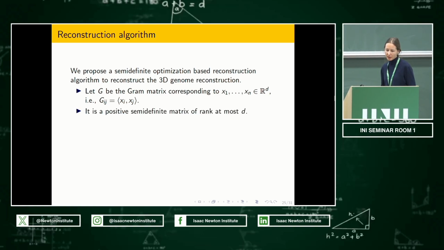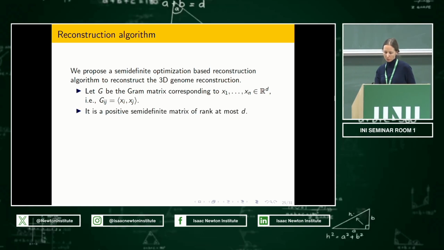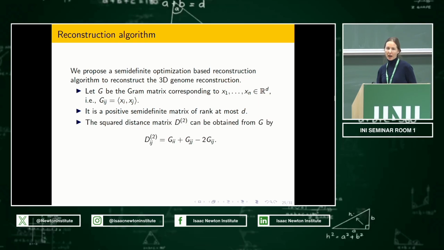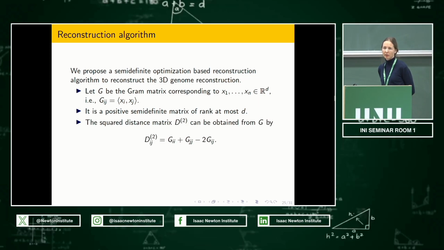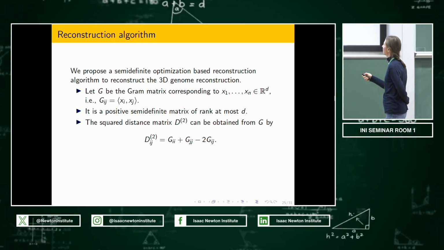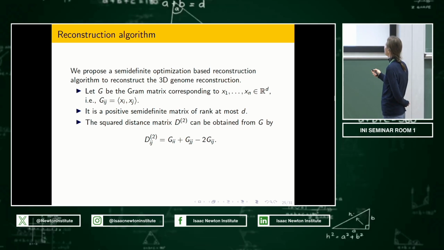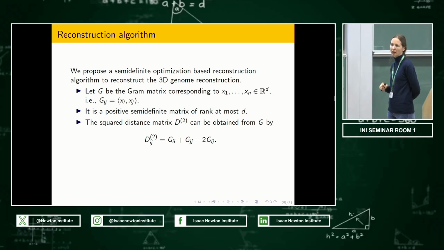It is a positive semi-definite matrix of rank at most d, and it is related to the squared distance matrix. So a squared distance matrix for the set of points can be obtained from G. The ij-th entry of d squared is equal to gii plus gjj minus 2gij.